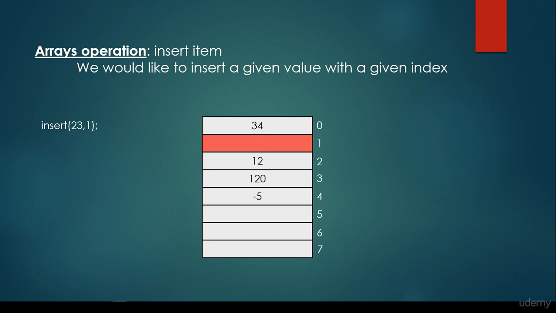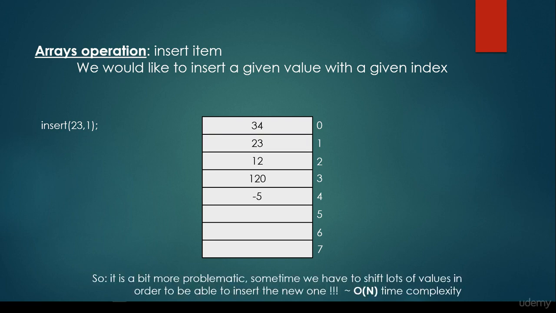So after moving these values, we are able to insert the 23 to the index 1. So it is a bit more problematic. Sometimes we have to shift lots of values in order to be able to insert the new one. So that's why it has linear time complexity, because we have to move items in order to make space for the item we would like to insert.